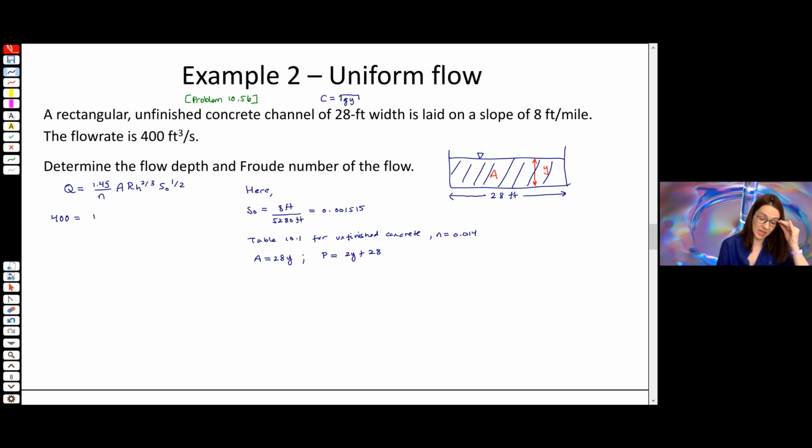So we do have to keep this in terms of our unknown y, and y is going to be the first thing that we're solving for. Similarly, our hydraulic radius is just A over P, so it's going to be 28y over 2y plus 28. Now we're going to go back over to our Manning equation and plug all this in.